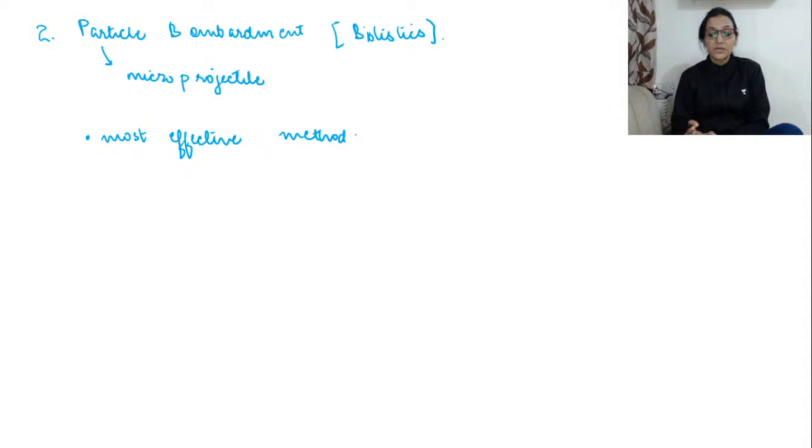And this method is versatile, used all over the world. It is used even for mammalian cells, for microbial cells, and for plant cells. So it is a versatile method.